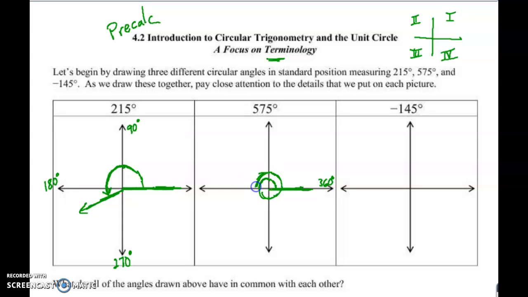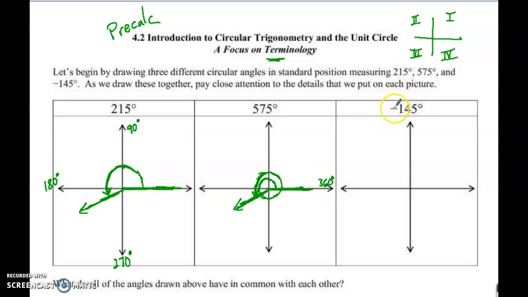Here's another 90, so that would be 450 plus 90 is 540. I don't know why it took me so long to think of that. But then a little bit further would get me to that angle. So it's a full revolution and then a little bit more. More like a revolution and a half and then a little bit more.